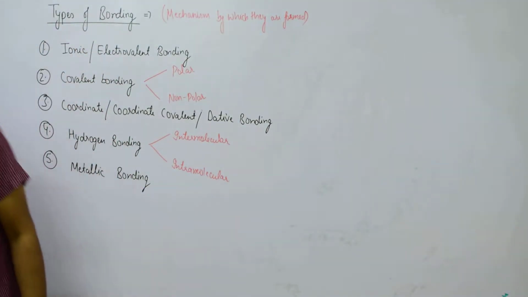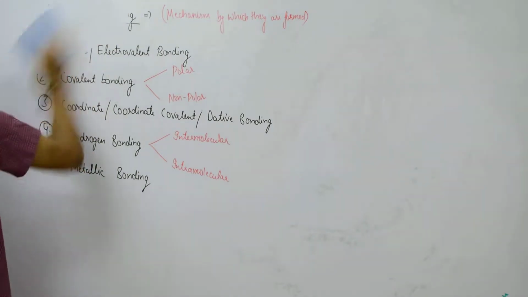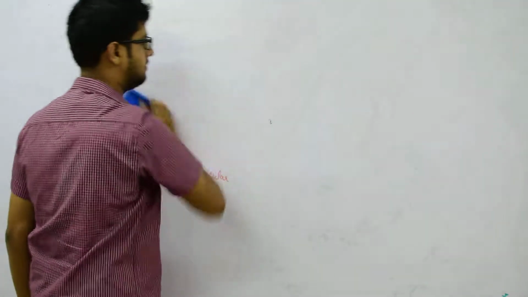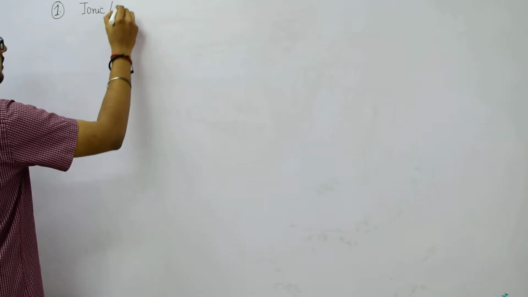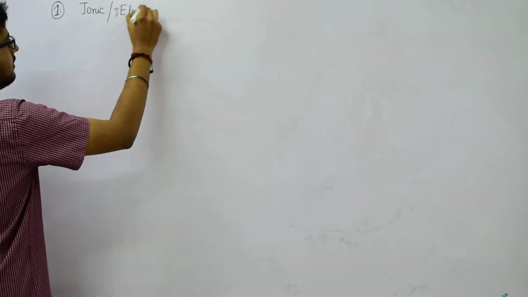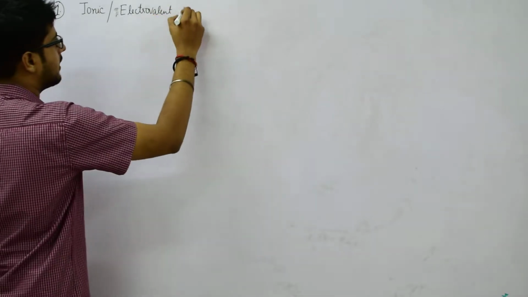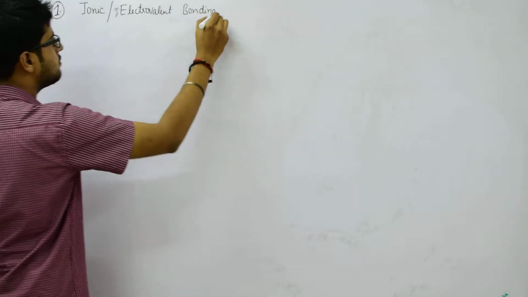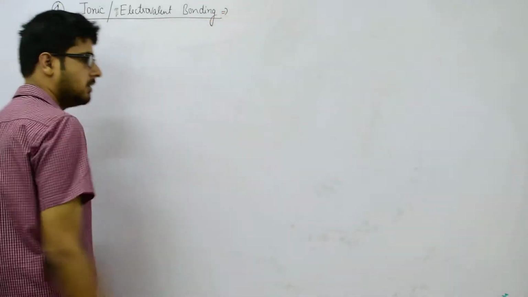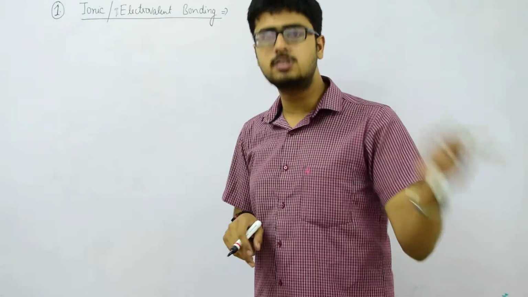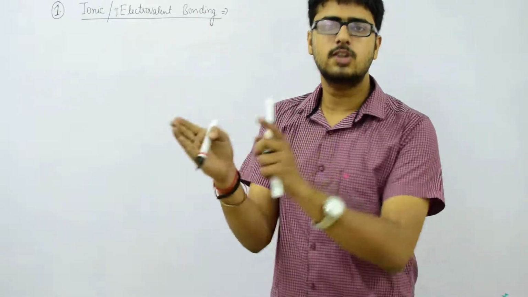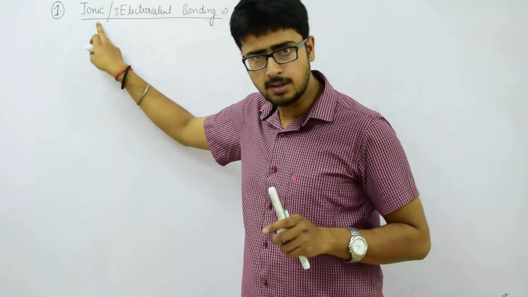So firstly we are starting from the first one, that is ionic or electrovalent bonding. Basically it is called ionic bonding because it is formed between 2 oppositely charged ions, that is positively charged cation and negatively charged anion.